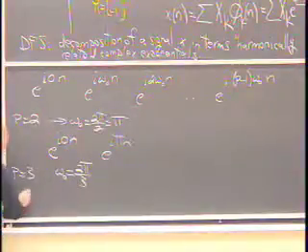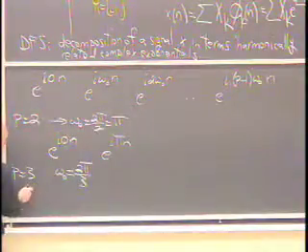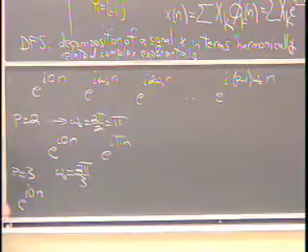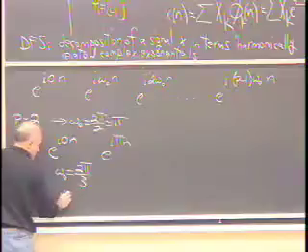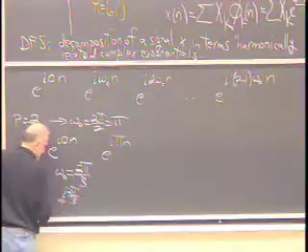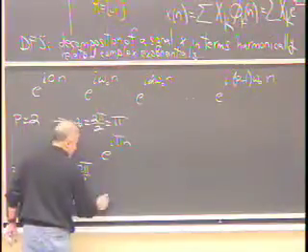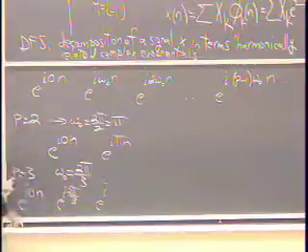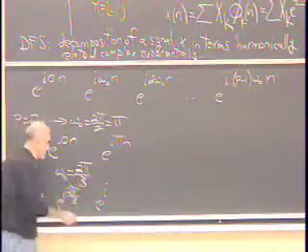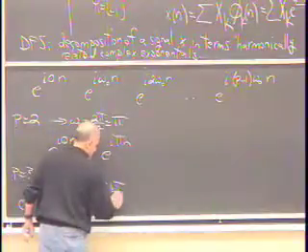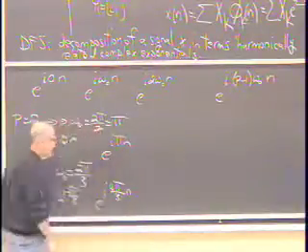So you've got e to the i 0 times n, e to the i omega naught n, so it's 2 pi over 3, and e to the i P minus 1, which is 2, twice that frequency, which is 4 pi over 3 n.